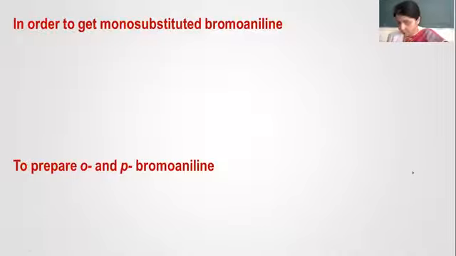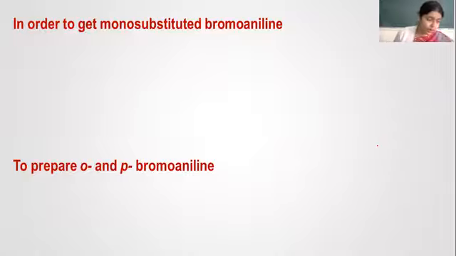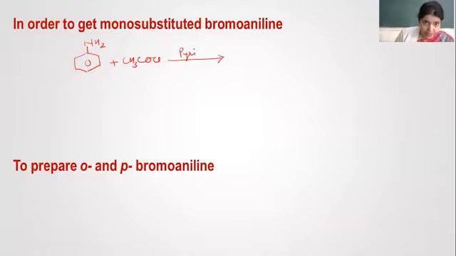Now, if we want to prepare a monosubstituted product, first we have to convert the NH2 group into an anilide group by reacting it with acetyl chloride. When we react with acetyl chloride in the presence of pyridine, there is removal of HCl and formation of NHCOCH3.